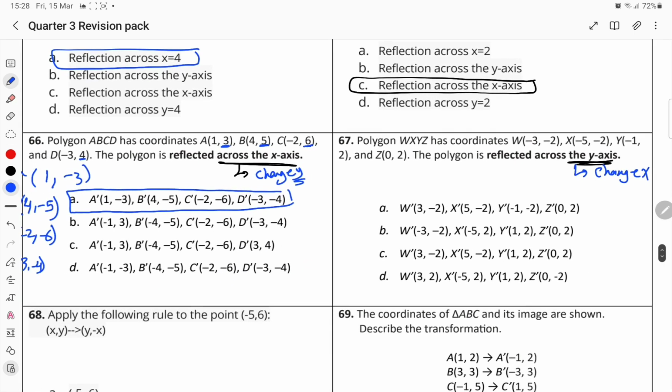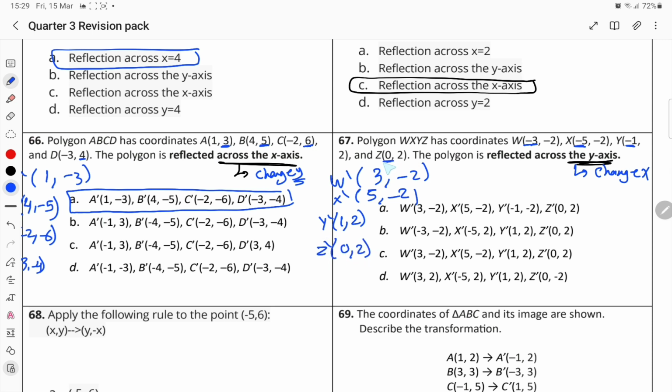Number 67, he says change the x. I will just change the x. So how does it become? W prime is 3, negative 2, X prime is 5, negative 2, Y prime becomes negative 1, which will be 1 and 2, Z prime is 0 and 2.